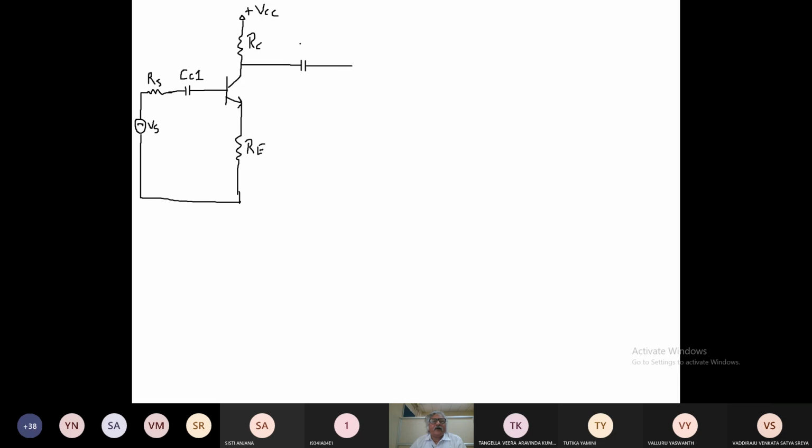Here also we will connect one capacitor, that is your coupling capacitor. We call it CC2, and across RE there is one capacitor, and this is your bypass capacitor, we call it CE. And here we connect one load resistor RL, and across this load resistor we will take the output Vout.